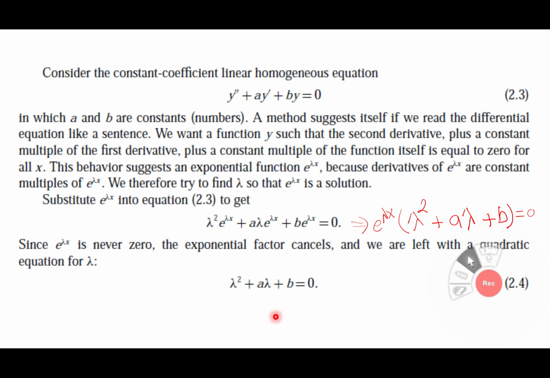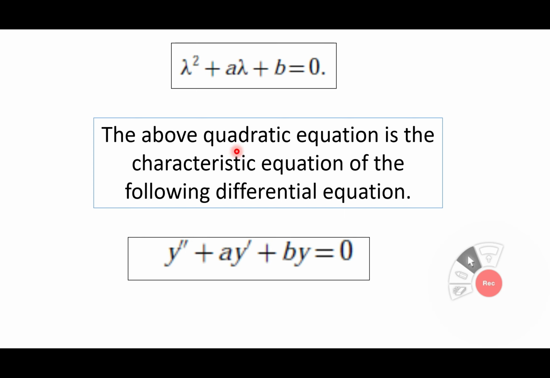So let's go here. This is a quadratic equation, and whenever we have a quadratic equation, the solution of it is what? Exactly. Let's have a look here. This is our quadratic equation, lambda squared plus a times lambda plus b equal to 0.